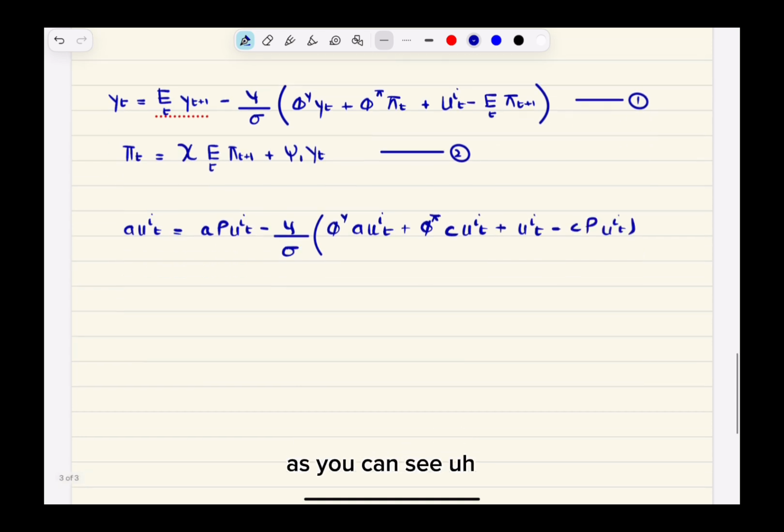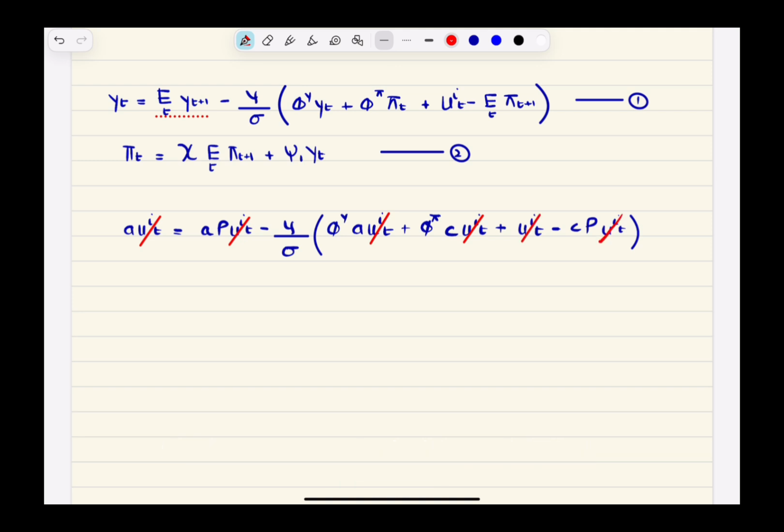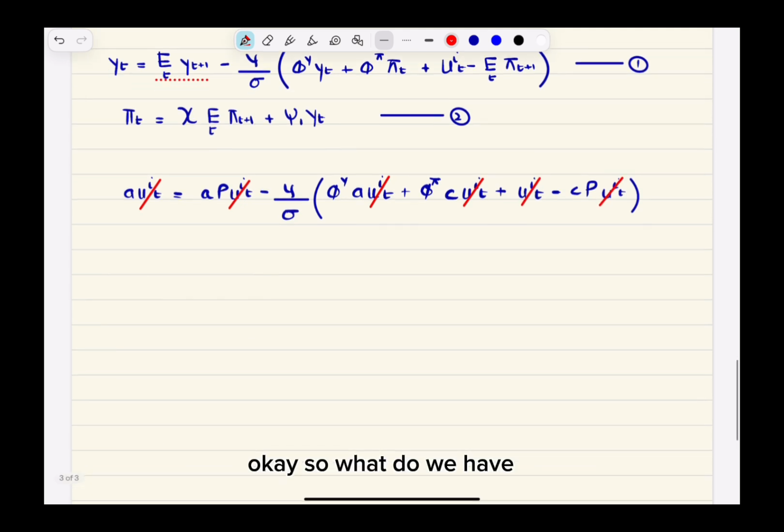Okay, as you can see, the error u_t, the shock, appears everywhere, so we can cancel this out because you can take it out as common on both sides and it'll just disappear. Okay, so what do we have?